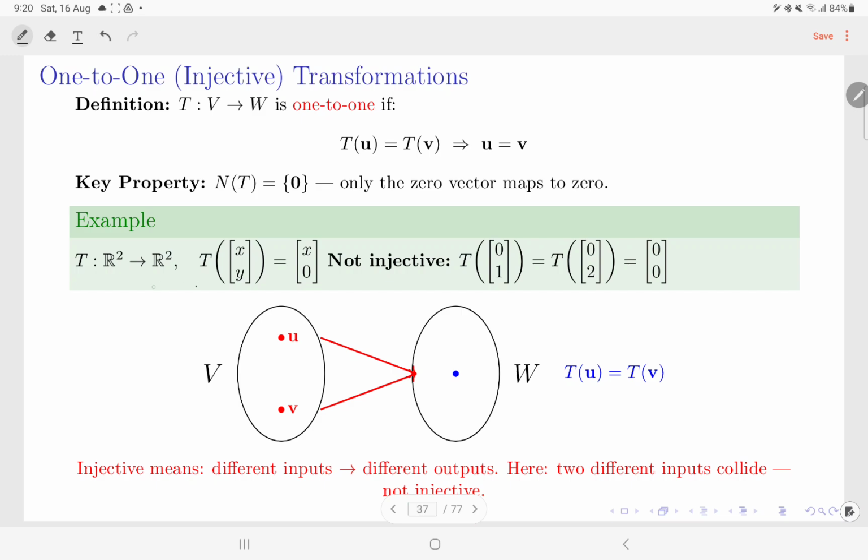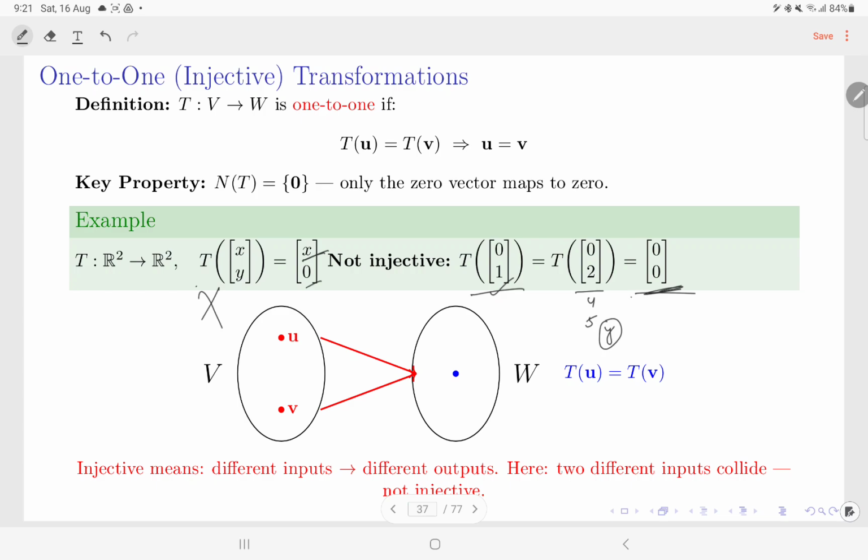This is not an example of injective. I hope you understand this one, because these two are mapping to some element of 0. When you put the standard basis 0, 1, the transformation will be 0, 0, whether it is 3, 4, 5, any y.